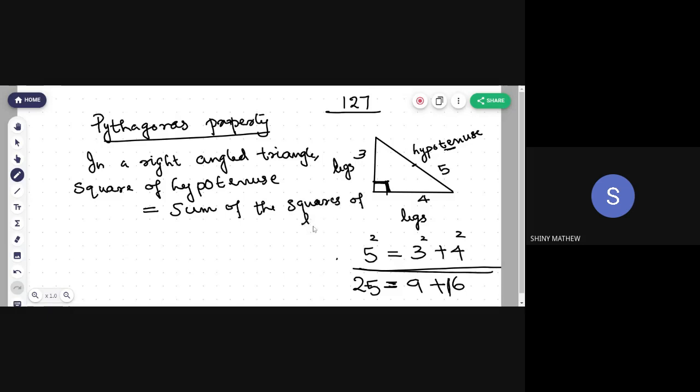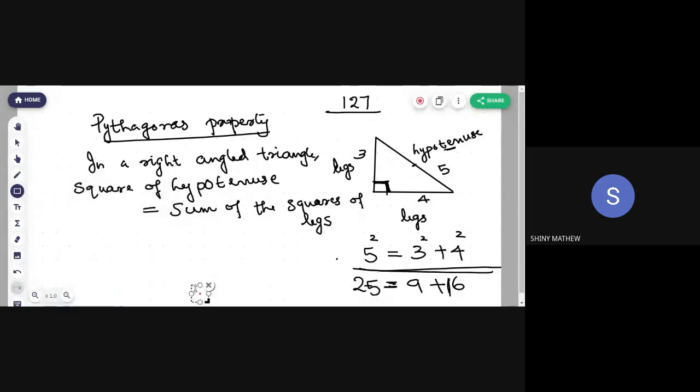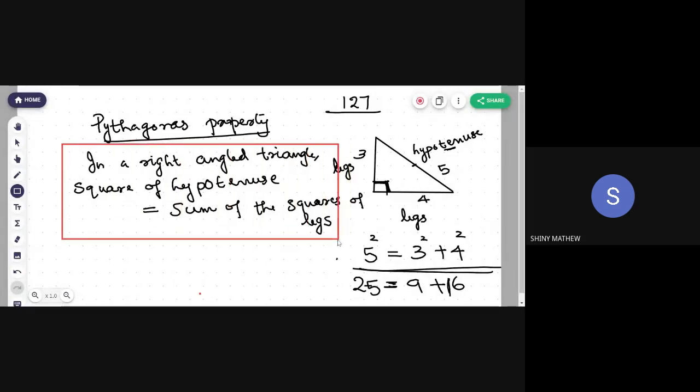So you must mark which are the legs and the hypotenuse. It is a very important property. Okay, this way you keep it. In a right angle triangle, square of hypotenuse is equal to sum of the squares of legs. All of you write that property and draw the figure.